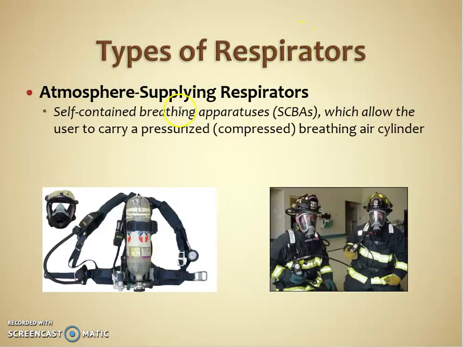Then you have the SCBAs, the self-contained breathing apparatuses, which allow the user to carry a pressurized, compressed breathing air cylinder. So as seen in the images here, you're carrying this cylinder on your back, which provides you with air. This allows you to circumvent any oxygen deficiencies in a given workspace.